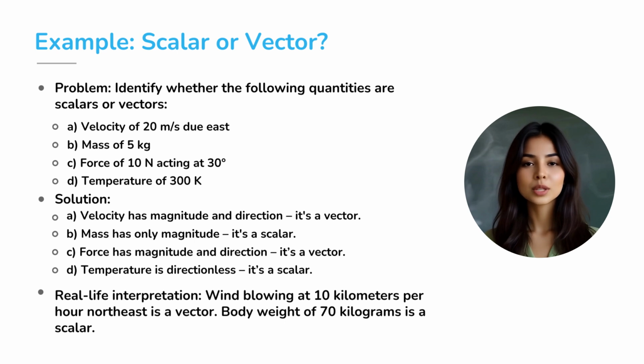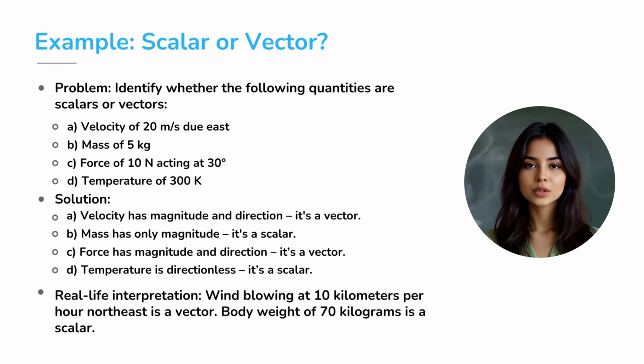Let's apply what we've learned with a quick classification example. I give you 4 quantities, you tell me whether they're scalars or vectors. First, velocity of 20 meters per second toward the east. This has both magnitude and direction, it's a vector. Second, mass of 5 kilograms.